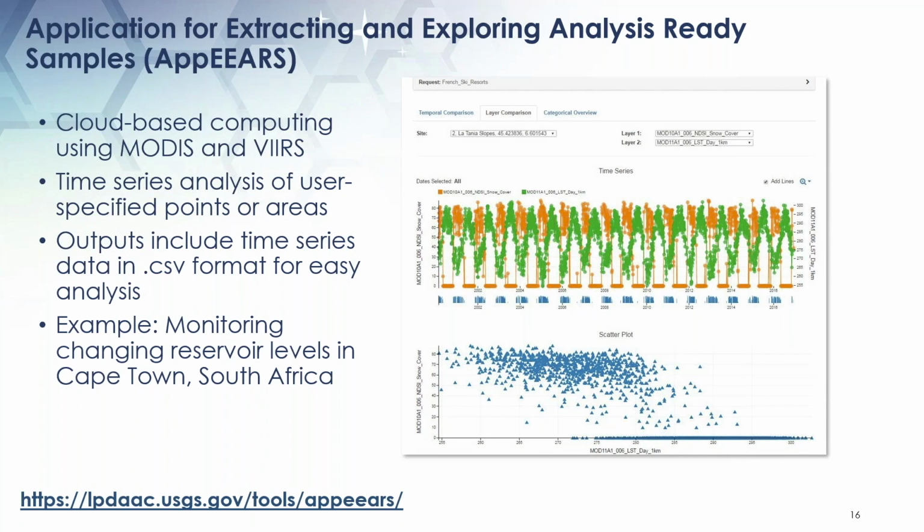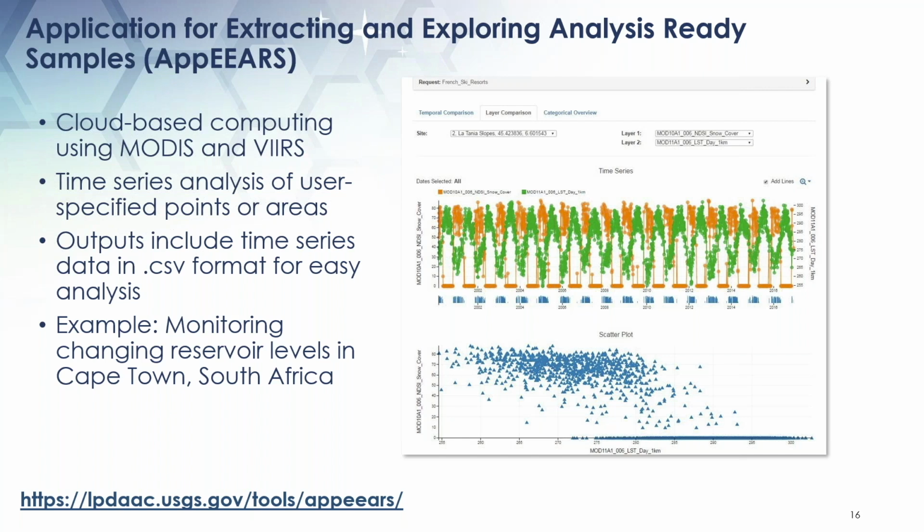I also wanted to mention the Application for Extracting and Exploring Analysis-Ready Samples, or AppEEARS. And AppEEARS offers users a simple and efficient way to perform processes on the data prior to downloading. So you can do things like subsetting spatially and temporally. You can look at time series of data and analyze these things prior to the download process.